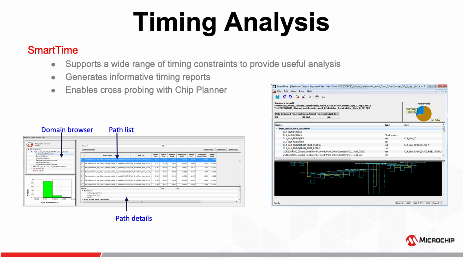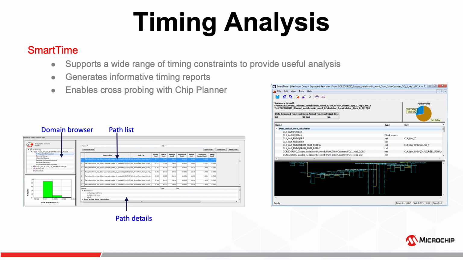If you double click on any one of these paths, it will open the SmartTime UI, where it shows the complete path from the clock to the data. For that clock to data, it will show all the components. If you see here, it is from the clock source to the destination data.